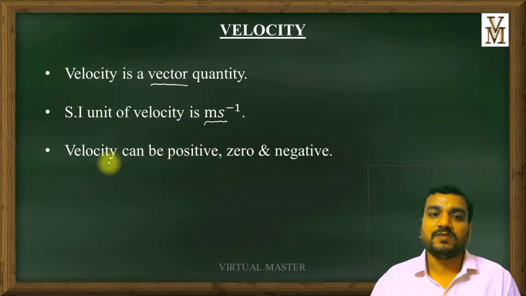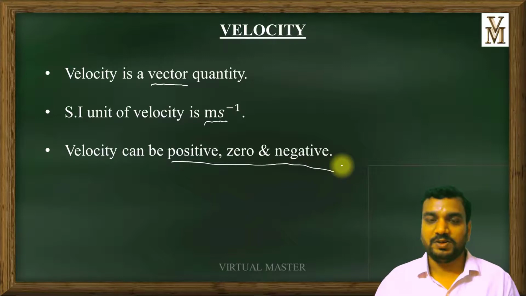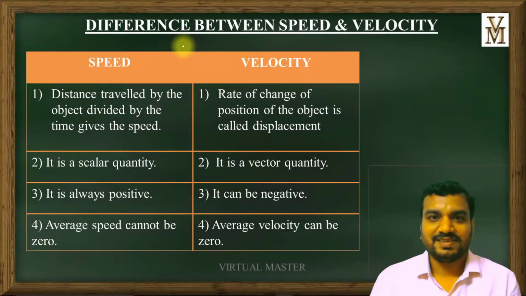So we can write that velocity can be positive, zero and negative. I hope everyone has understood these three properties of velocity. Now let us discuss the difference between average speed and average velocity. Now let us discuss the difference between speed and velocity of an object.